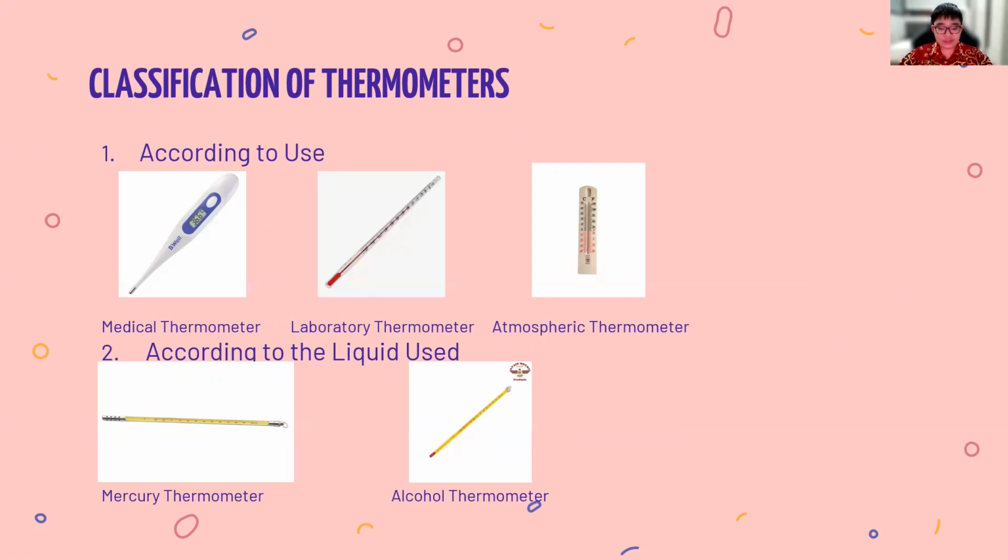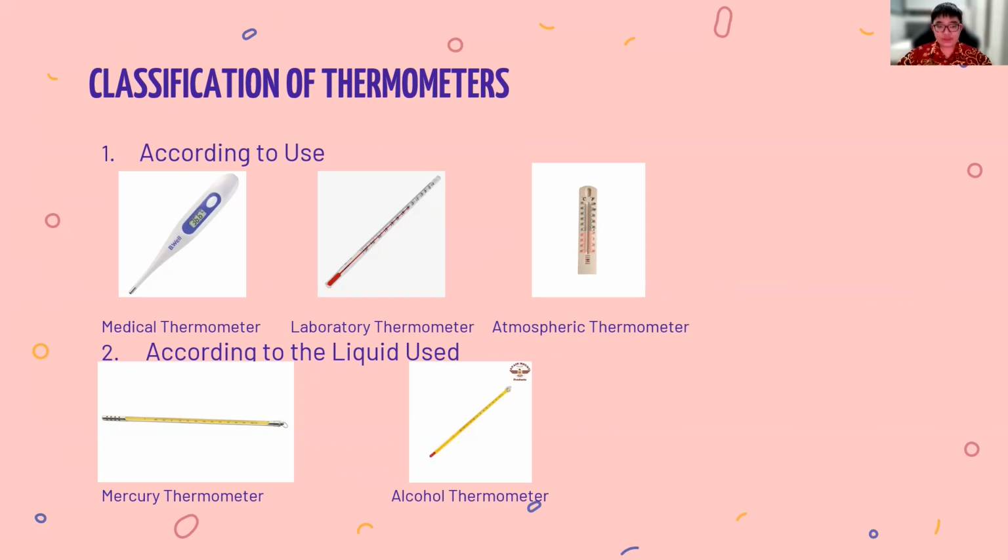The medical thermometer is usually a thermometer that is used in clinics or hospitals. For laboratory thermometer, it is usually used at laboratories. And for the last one, we have atmospheric thermometer. The atmospheric thermometer is usually used around any room to measure the temperature of the atmosphere.